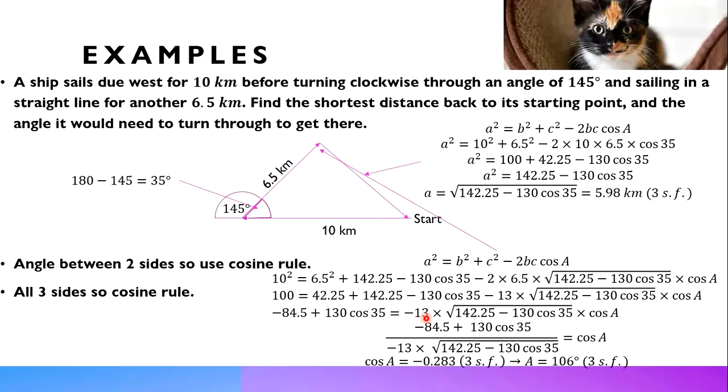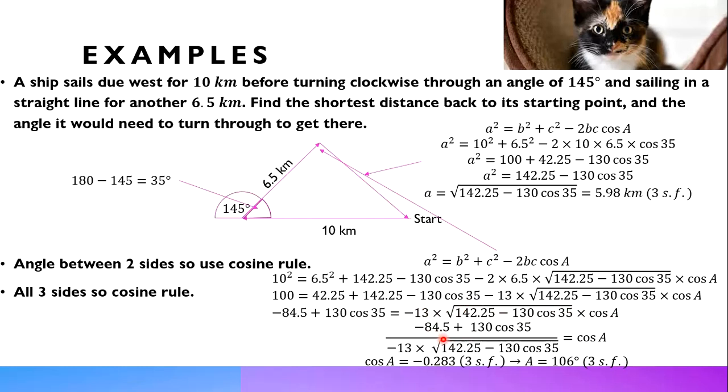So now we'll move all these numbers over to the left hand side. So we end up with minus 84.5 plus 130 cos 35 is equal to minus 13 lots of the square root of 142.25 minus 130 cos 35 lots of cos A. We can then divide by all this to get cos A by itself.